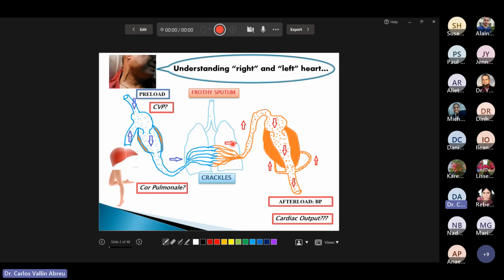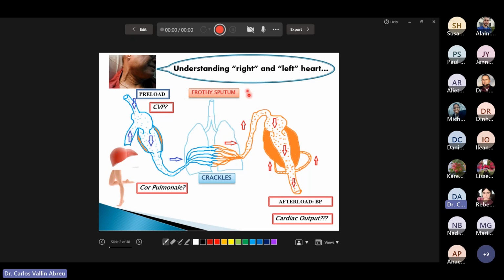And for that reason, this mixture of liquid with air is going to produce a foam, a froth. But it's going to be pink because of the few red blood cells that escape in this increased pressure and permeability that occurs in the pulmonary edema. So this liquid is going to be pink and frothy.